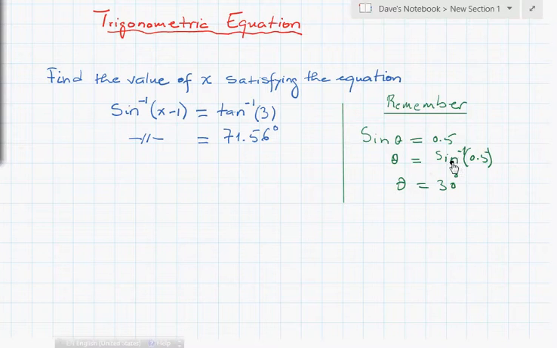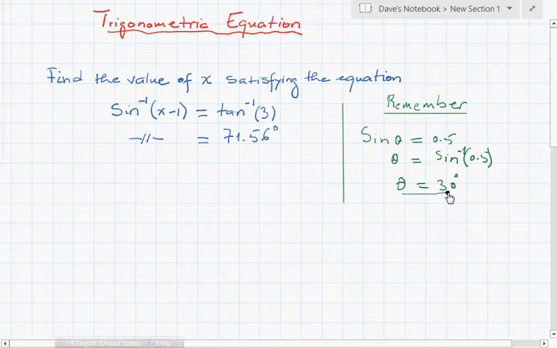We write sine to the power of minus 1 of 0.5 to find the angle, which in this case is equal to 30 degrees.